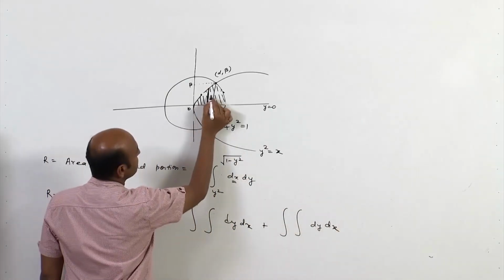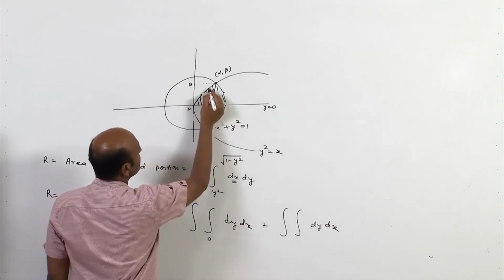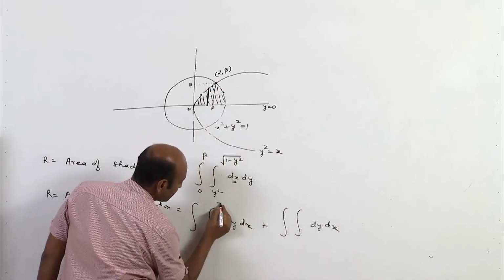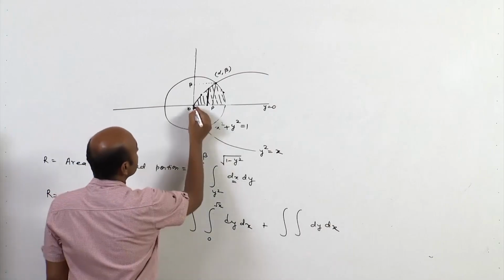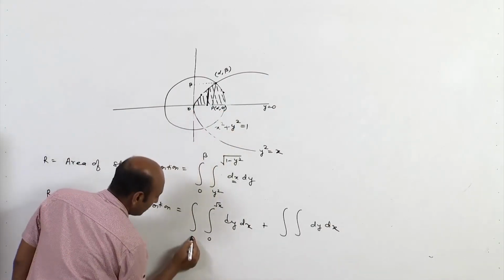The first region is this, where y is varying from 0 to this point. Here, for this curve, y is under root x, and x is varying from this point to this point. This point is alpha, so from 0 to alpha.